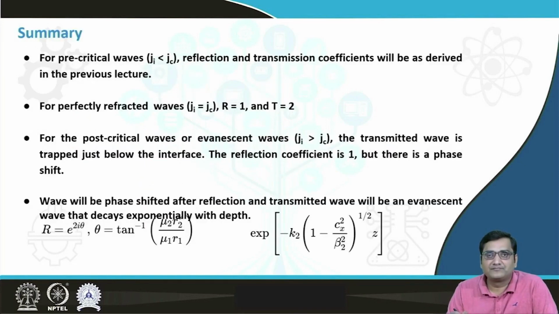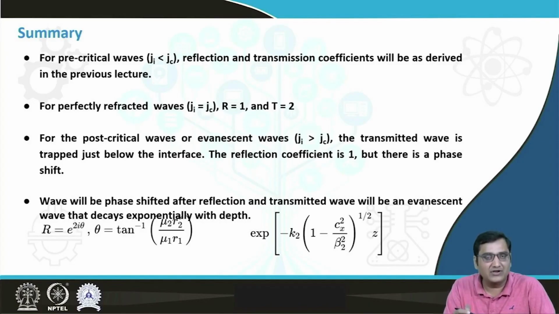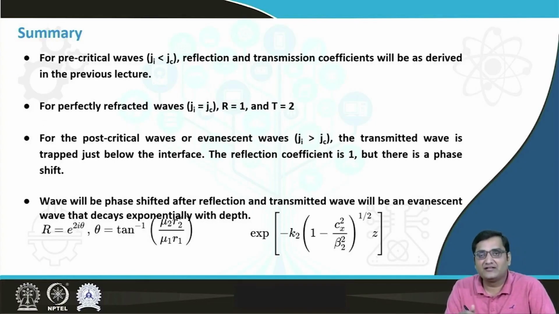So in summarized form, what we have learned today: for the pre-critical waves, where the incident angle is less than the critical angle, the reflection and the transmission coefficient will be as derived in the previous lecture. For perfectly refracted wave, where the incident angle is equal to the critical angle, the reflection coefficient will be 1 and the transmission coefficient will be 2.